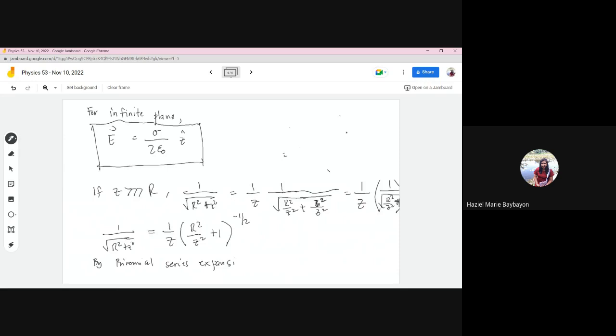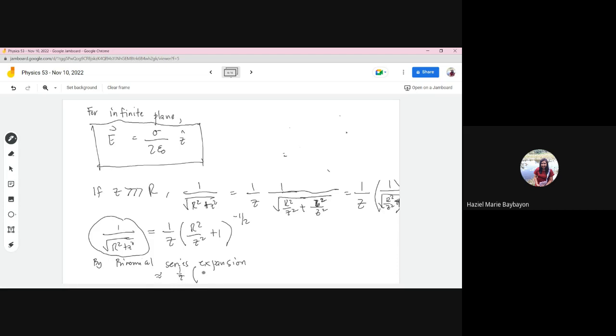I do not know if this is making sense. Okay. So this is approximately, kini siya nga factor, approximately equal to 1 over z. So again, ang binomial series expansion or Taylor series, familiar sa inyo, katong Taylor series sa inyong math, no?